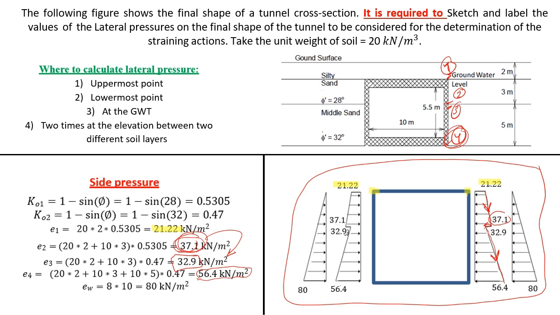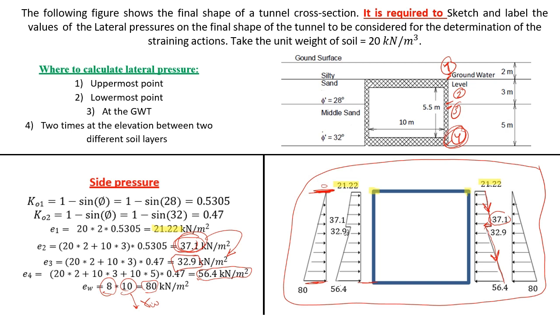For the water pressure, as I have just said, you have a water pressure of 0 here, because this represents the groundwater level, and at the lowermost point of your structure, this is 8 meter deep, so you have water pressure of 8 meter by gamma water, which is 10, and therefore you have a value of 80 kilopascal.